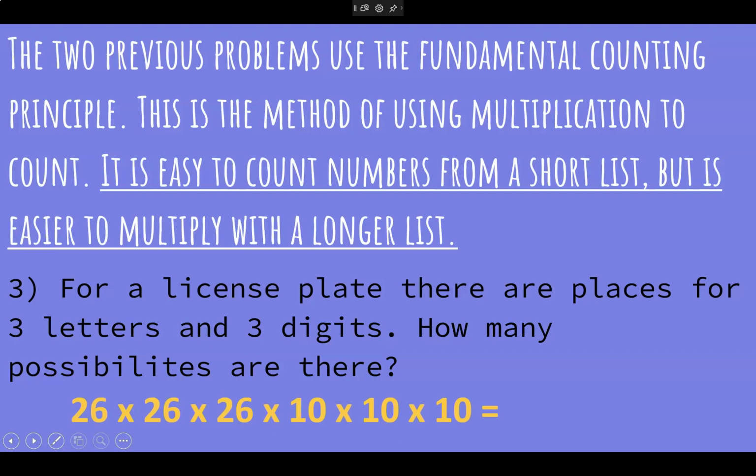It is doable. This one, though, we get 17,576,000 different combinations. We're not going to write those down. Not going to happen. That's a lot of different license plates.